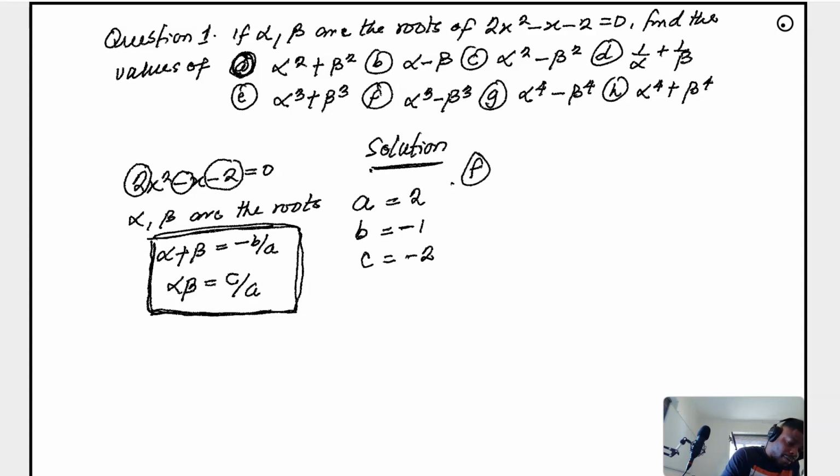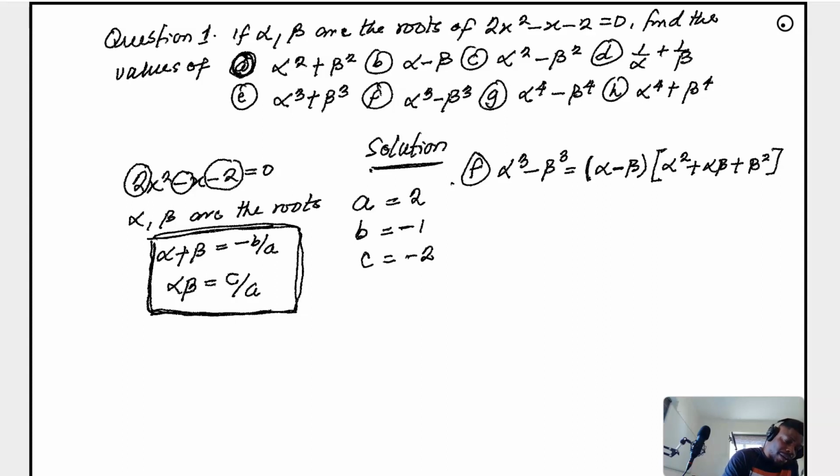So F, alpha cube minus beta cube. Remember, here, I'm using alpha minus beta. Open a bracket, alpha squared, okay, plus alpha beta plus beta squared.